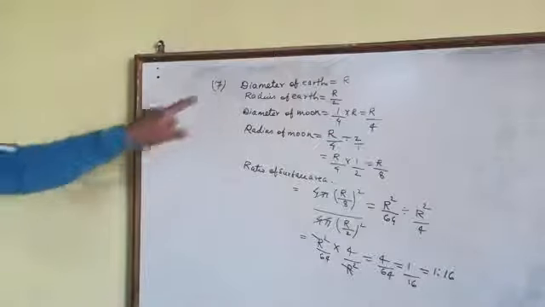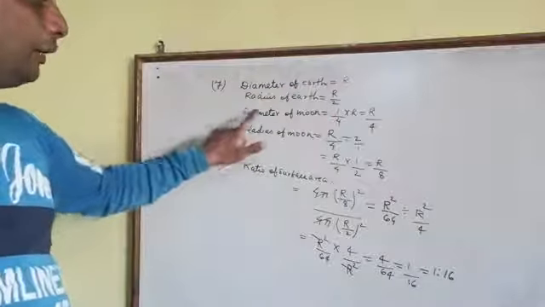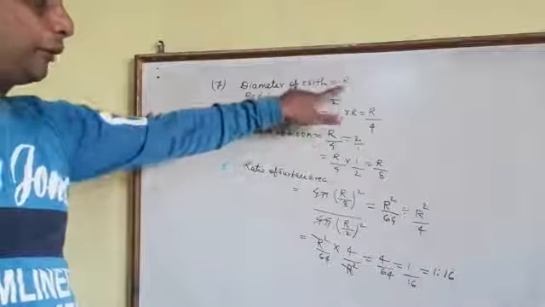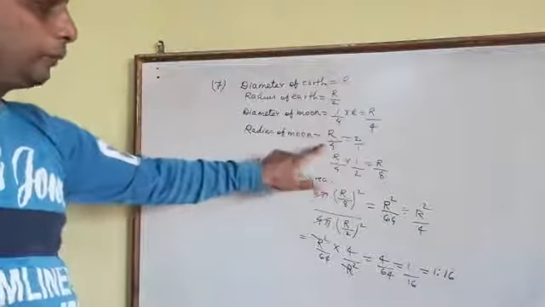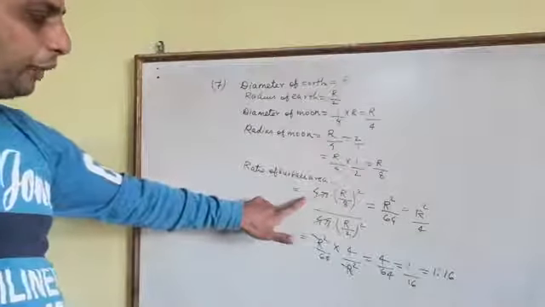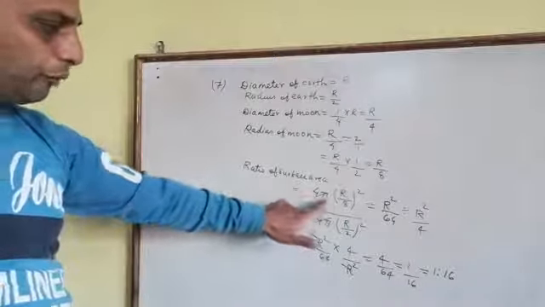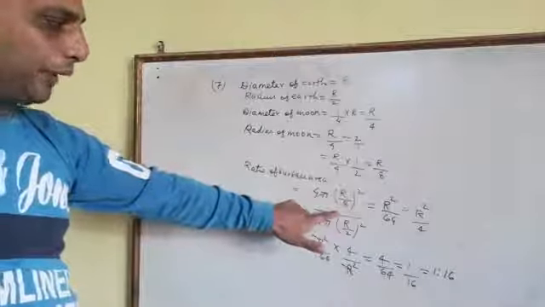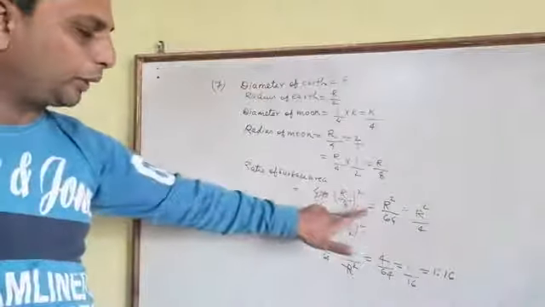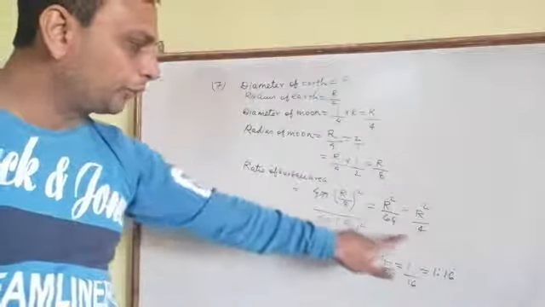So, understood? The diameter of the earth I took as r, so the radius will be r upon 2. The diameter of the moon is the fourth part of the diameter of the earth, so r upon 4, and the radius, dividing by 2, is r upon 8. Then I put the surface area of the moon over the surface area of the earth. So 4 pi gets cancelled because it is a constant. r upon 8 squared gives r square upon 64, and after the divide sign, 2 square is 4.